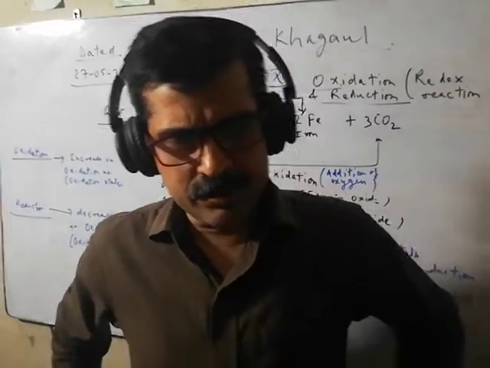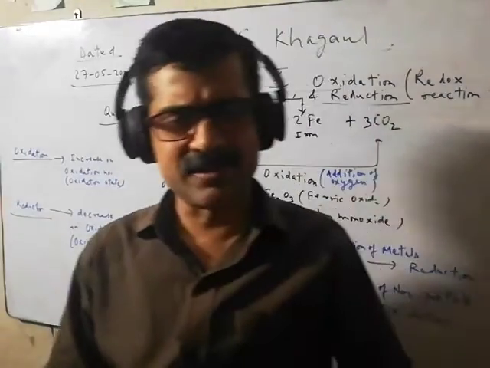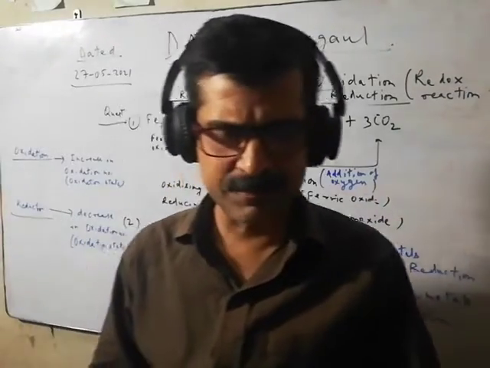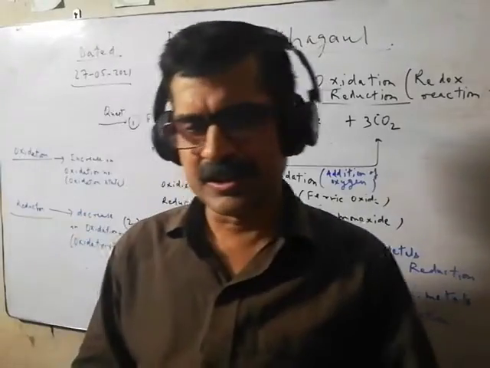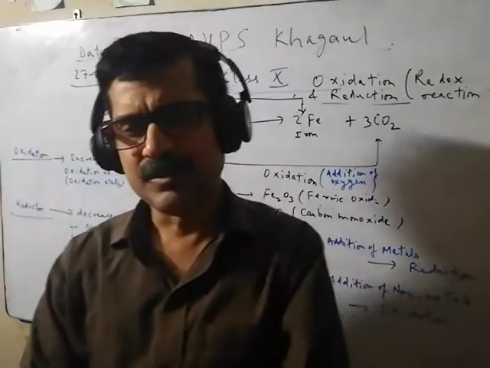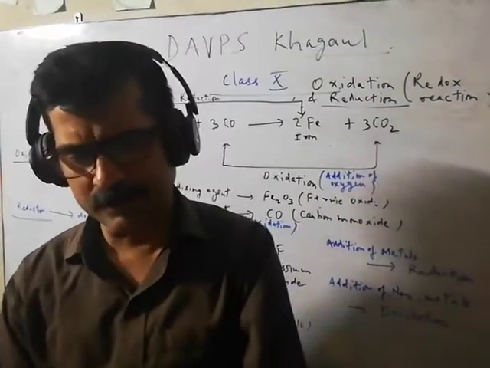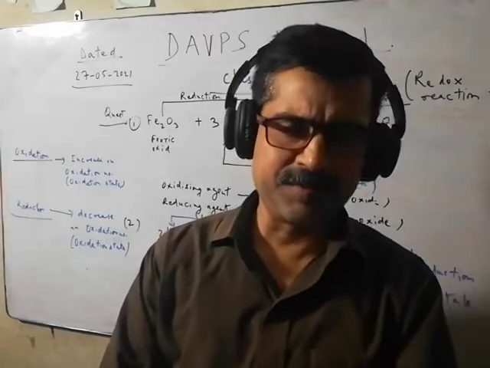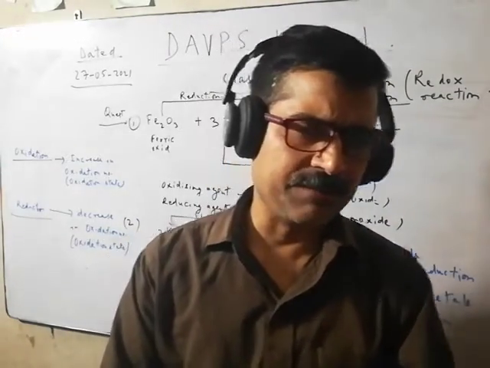Today also we will continue with some exercise questions on oxidation and reduction. Actually, oxidation reduction is the last topic of the chemical reactions chapter. This chemical reactions chapter, the first chapter of class 10 chemistry, is very important. In the first periodic test, the syllabus will come from this chapter.